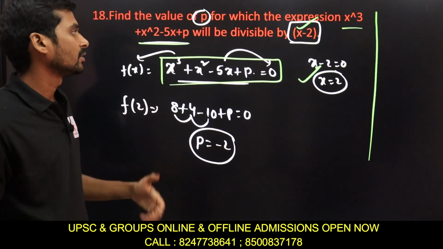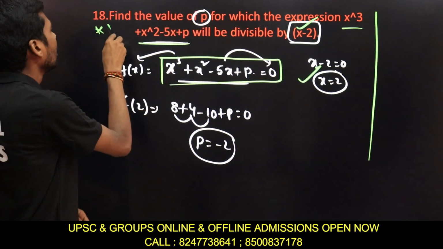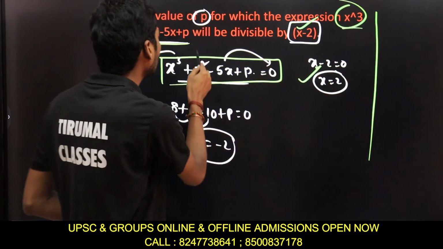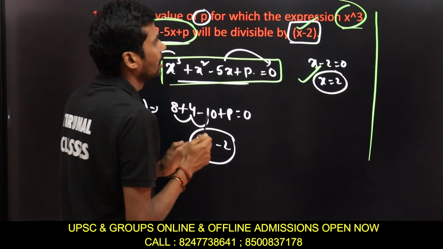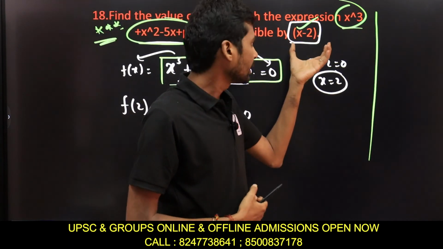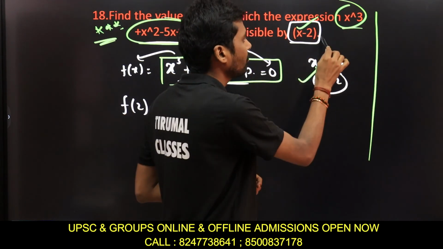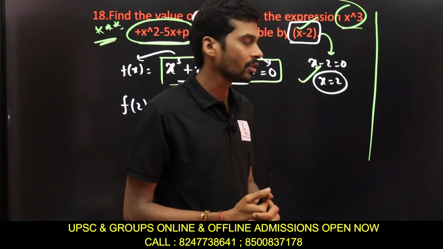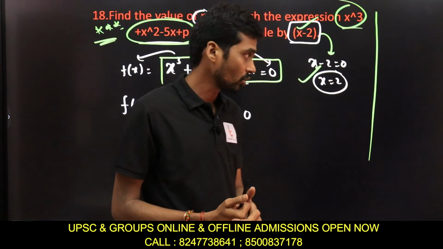So this is how we find out the values of p or anything like that if we have a problem like this. This is an important model, so please remember that. When we have an algebraic expression that is perfectly divisible by one linear expression, that is x minus 2, then the first thing we have to do is immediately equate it to 0. X minus 2 is equal to 0, so x is equal to 2.